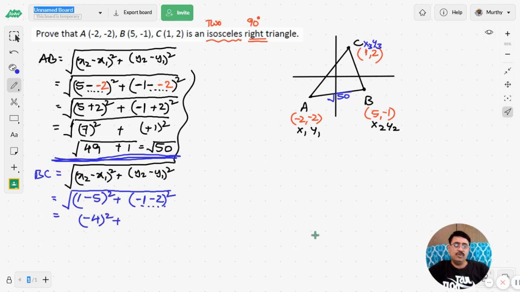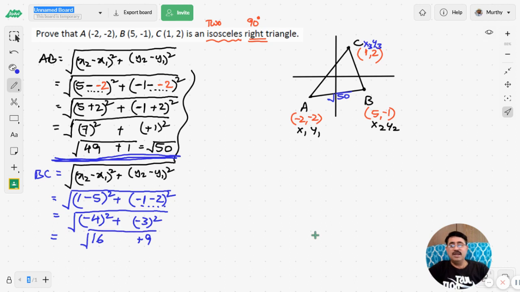Negative 1, negative 2, I see that same signs, therefore we have to add them. Negative 3 square. Again, negative 3 square is not equal to negative 9. Negative 3 whole square, negative 3 times negative 3 gives me positive 9. Negative 4 square, negative 4 times negative 4 gives me positive 16.